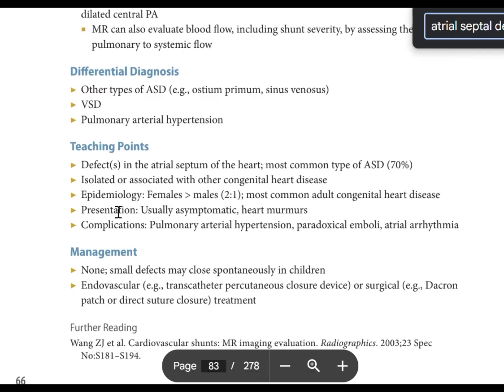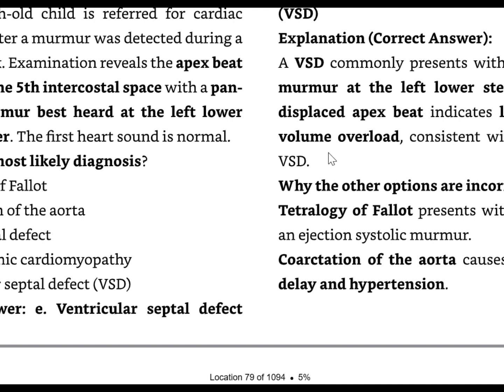The presentation of ASD is usually asymptomatic, but it can present with heart murmurs. As I mentioned, ASD is characterized by a fixed split S2.